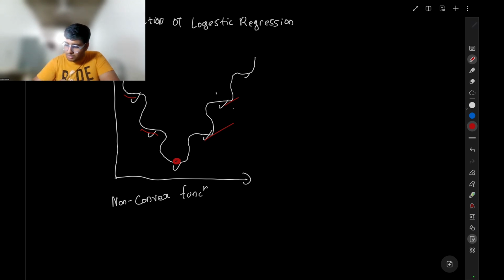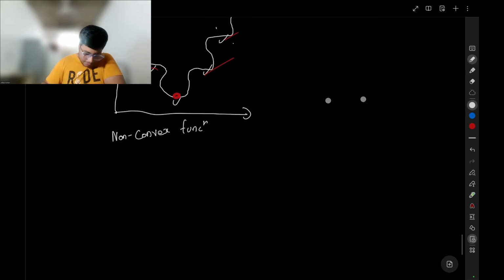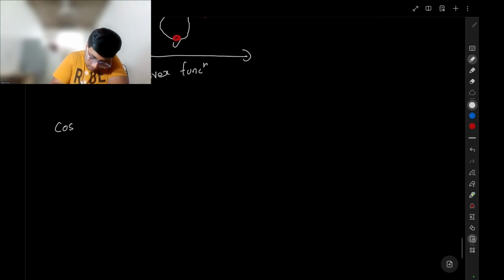Okay, so what we will do is transform our cost function. So our new cost function will be cost of h theta of x i comma y.